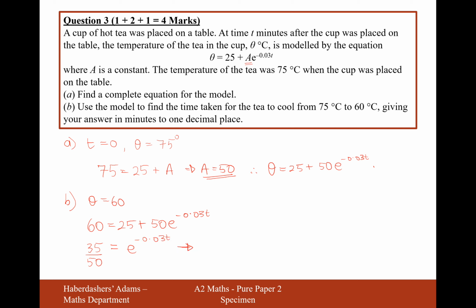Now we need to get rid of the e, and we do that by taking ln of both sides. So we're going to have minus 0.03 t is equal to ln of 35 over 50, which simplifies to 7 over 10. And then we'll divide by minus 0.03.